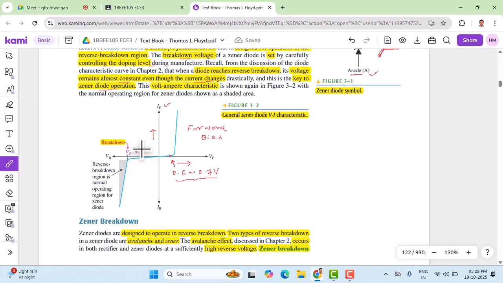Breakdown voltage and Zener voltage are one and the same. Once the device breaks down, when we operate it in reverse bias by changing the polarity across the diode. Though the circuit is not shown here, we need to apply the anode with negative and the cathode with positive. That is the way we can bias.